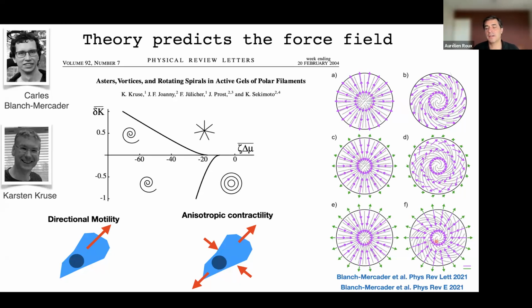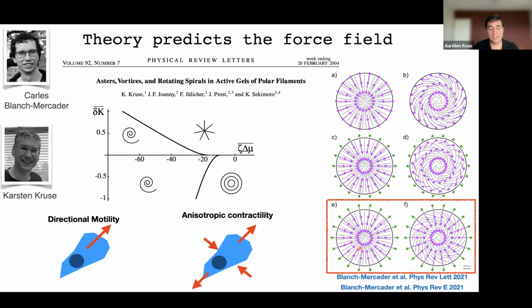And the last one predicts contractile. So with the third set of parameters, you see that both the spirals and the asters are contractile. And that's actually, with the experiments we have been doing, the set of parameters that corresponds to the experiment, predicting contractile stress fields in those structures.